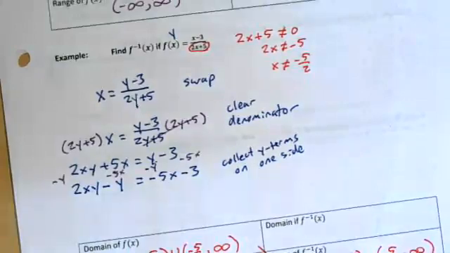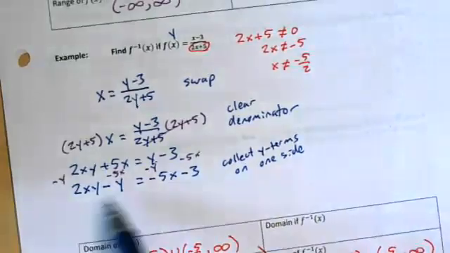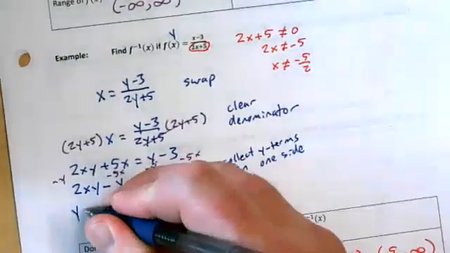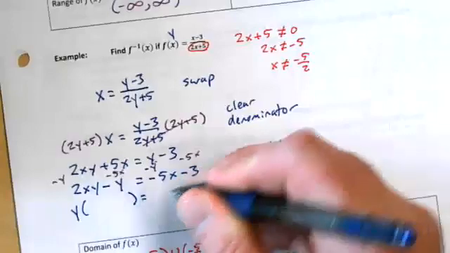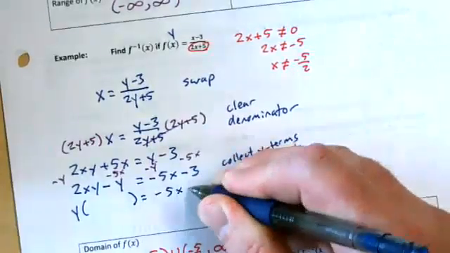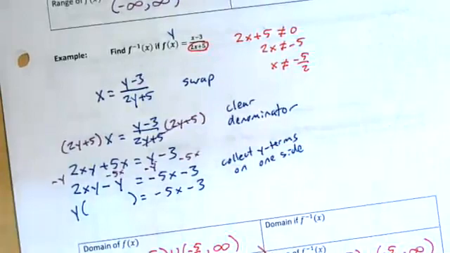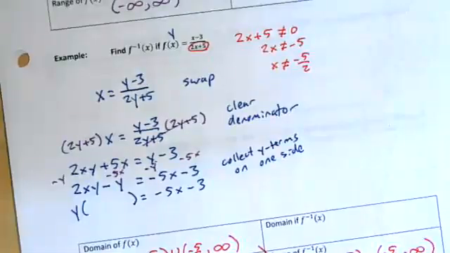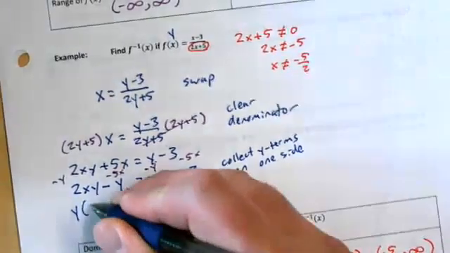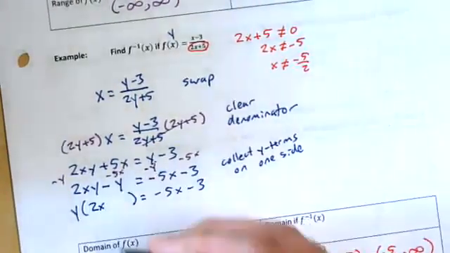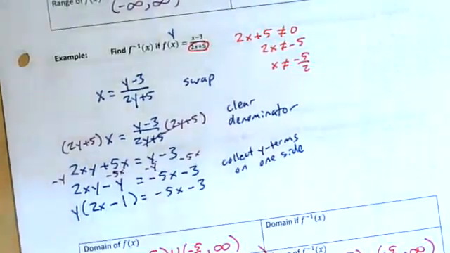So we want to get y by itself. There's y's in each of these terms. Let's factor a y out of that whole side. Running out of space here. What would we have left if we factored a y out of there? 2x, just 2x? Minus 1, good. One more step and we got this. How are we going to get y by itself?